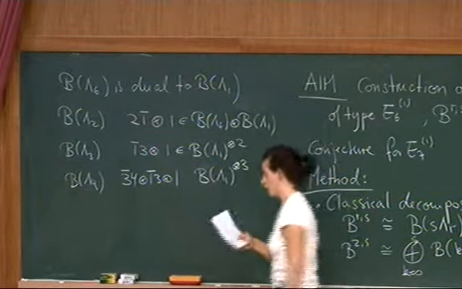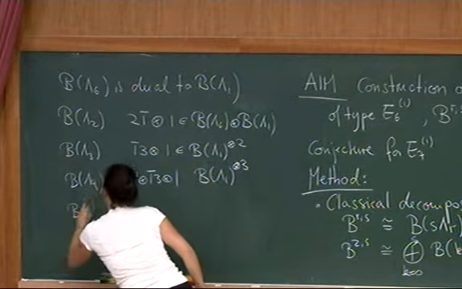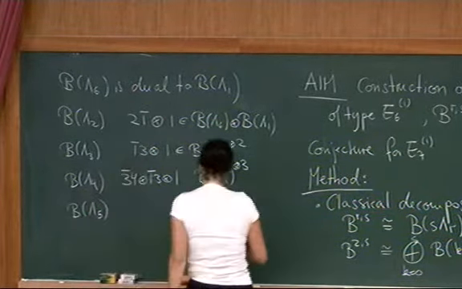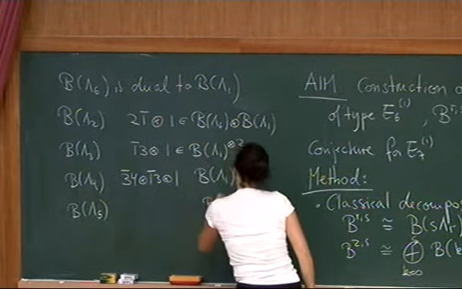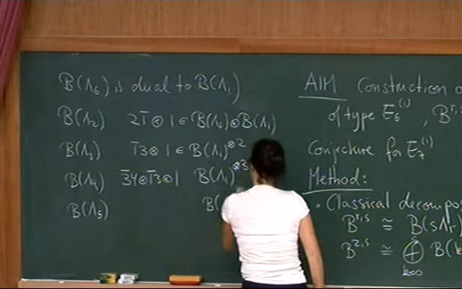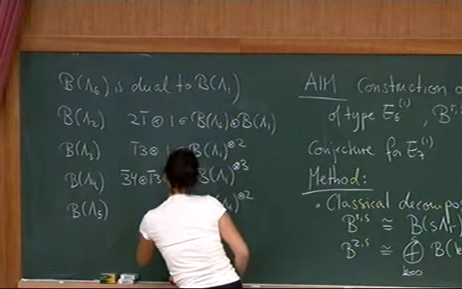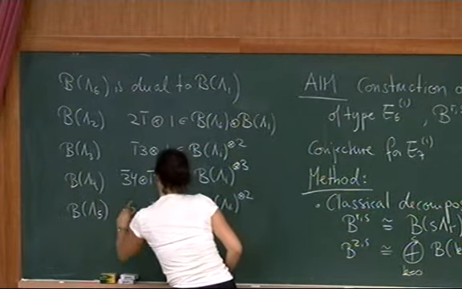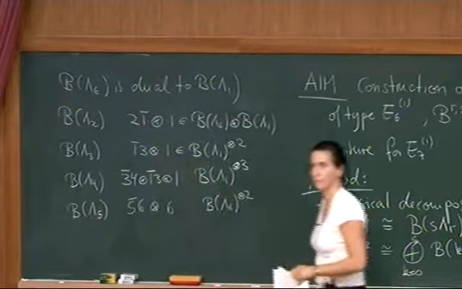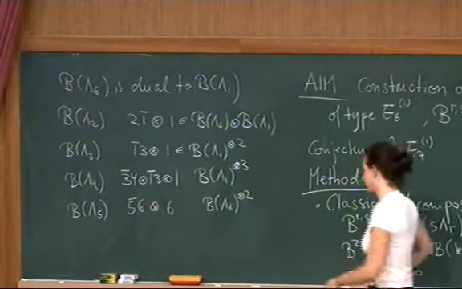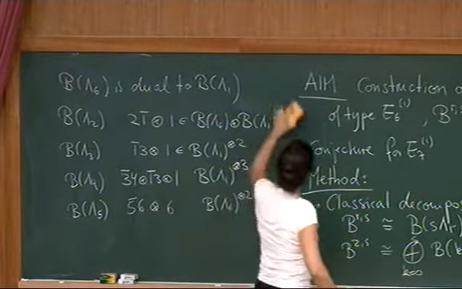And then finally the B lambda 5 sits in B lambda 6 squared, and that's generated by 6 tensor 5 bar 6.